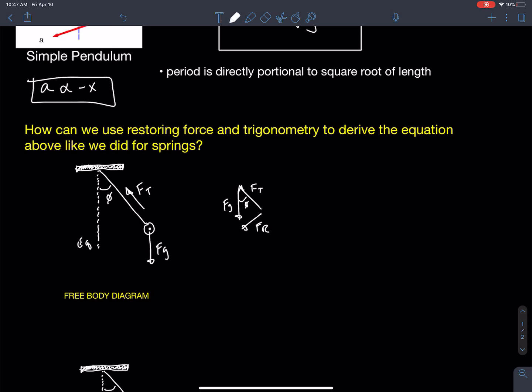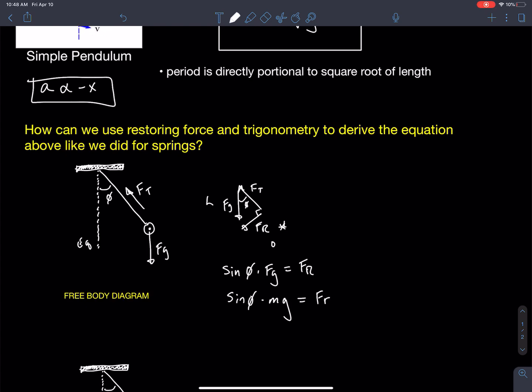In order to solve for F_R, my restoring force, that's the opposite side, and the force of gravity is the hypotenuse of that triangle. So it's a sine function. So sine theta times Fg is equal to my restoring force. Then again, sine theta times mg is equal to my restoring force.